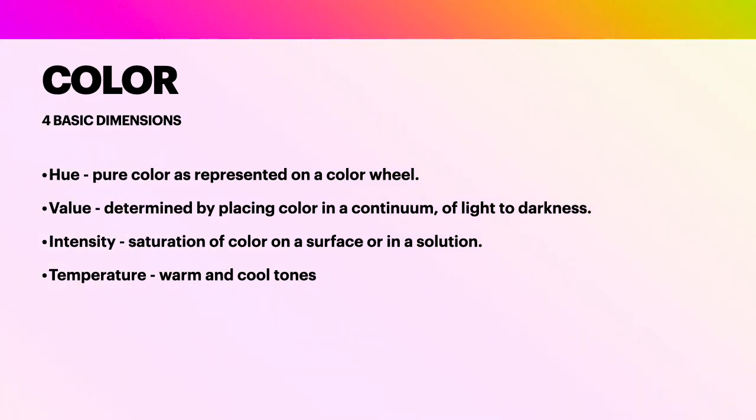Color. There are 4 basic dimensions. Hue, which is pure color as represented on a color wheel. Hue identifies the pure color on a color wheel. It can be found in an area on a simple spectrum of primary and secondary colors.